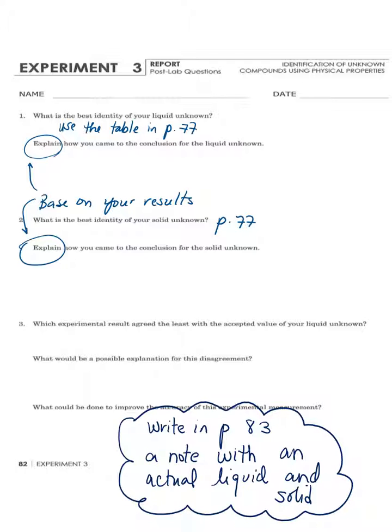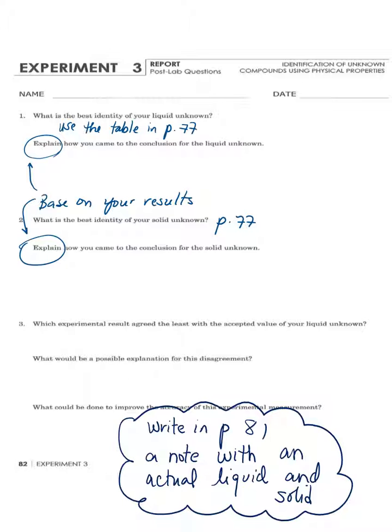On page 81, not 83, on page 81, at the end of the page where you have your report, write down, using that table, which liquid you think is yours.